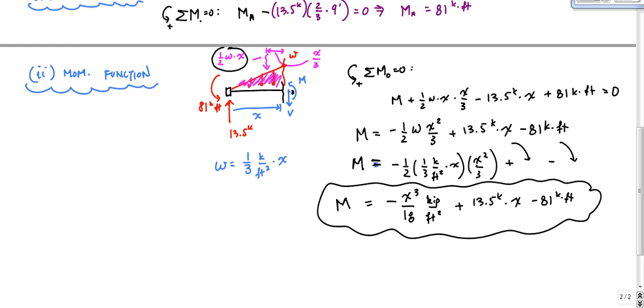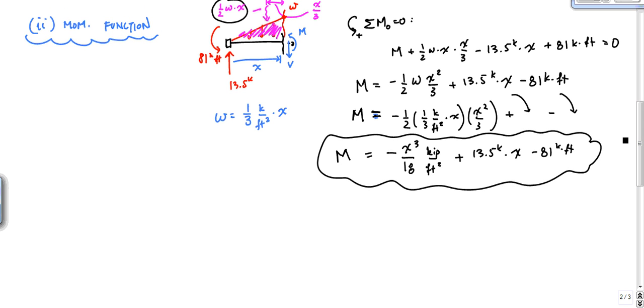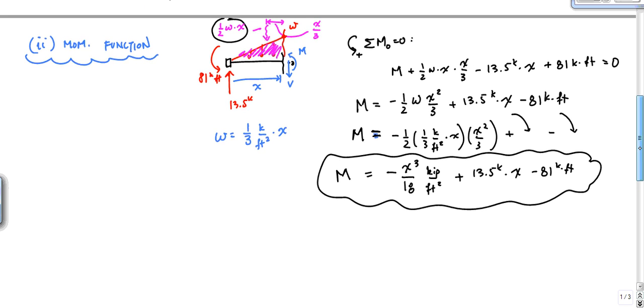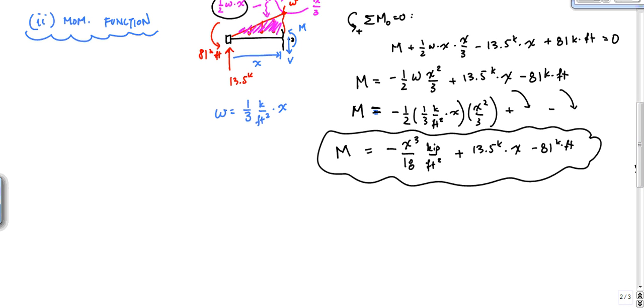Normally, it would be finding the boundary conditions and continuity conditions in a double integration method. But for this particular problem, it's really just the moment function. And so now what we need to do is apply double integration. So we have this polynomial.